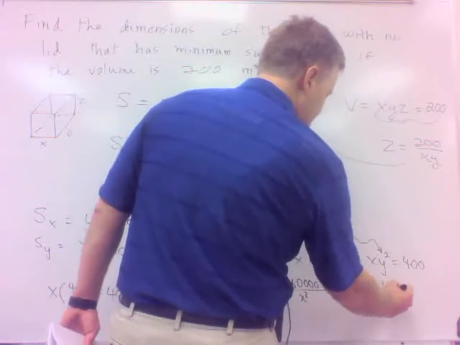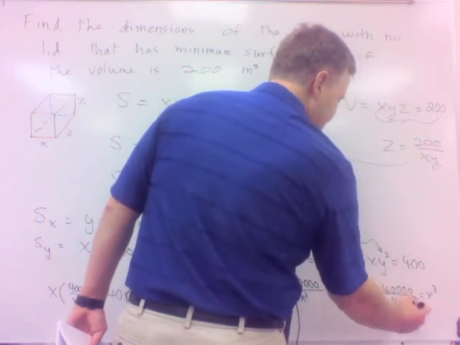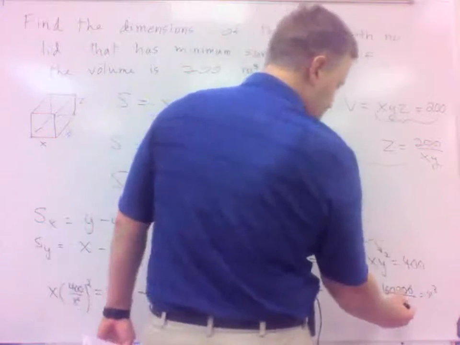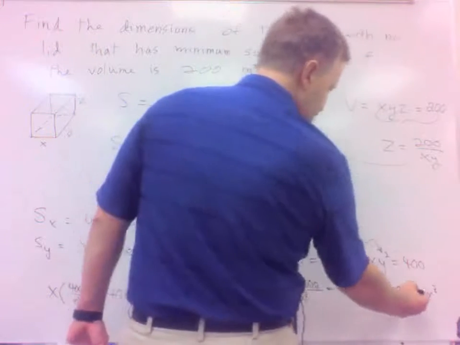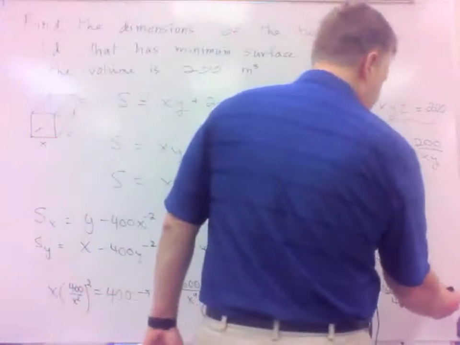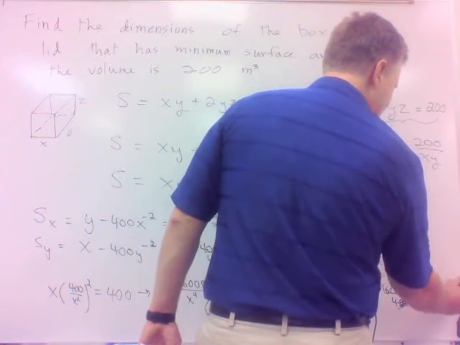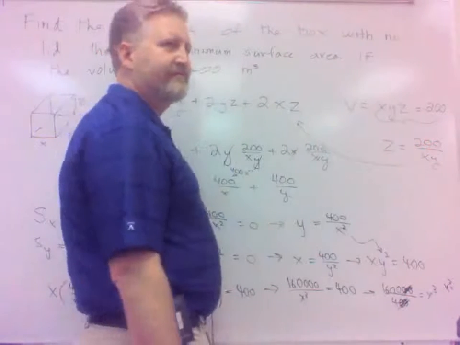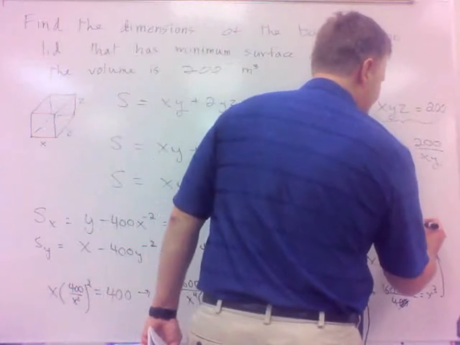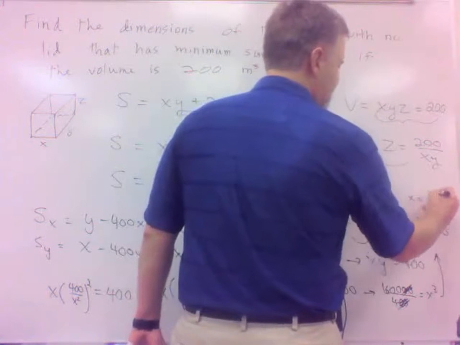We'd have 160,000 over 400 equals x cubed. Divide by 100, those will cancel, so x cubed is 400, which means x is the cube root of 400. I don't think it's a nice number, so let's just call it the cube root of 400.